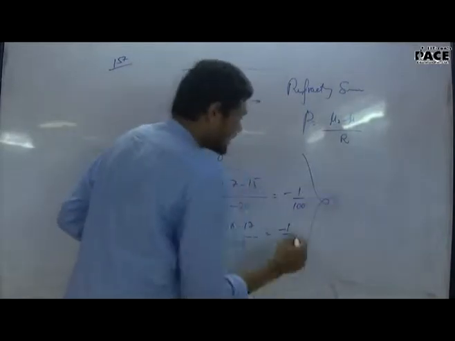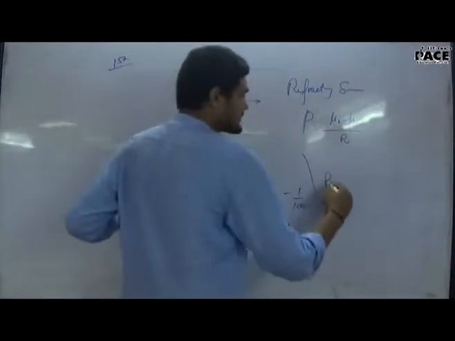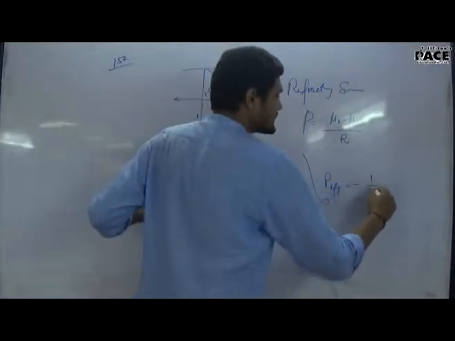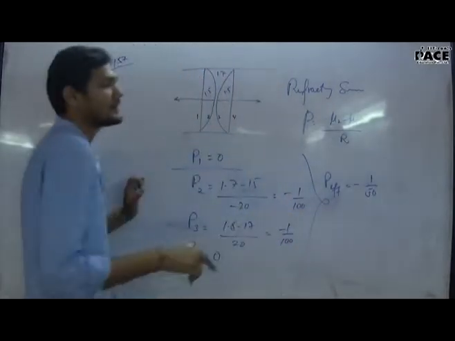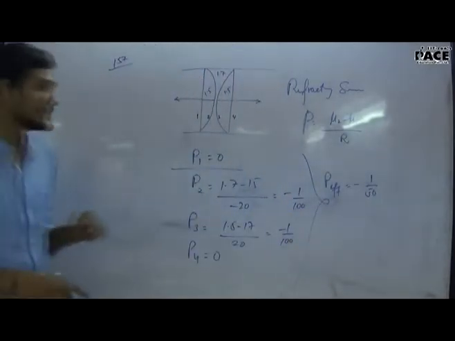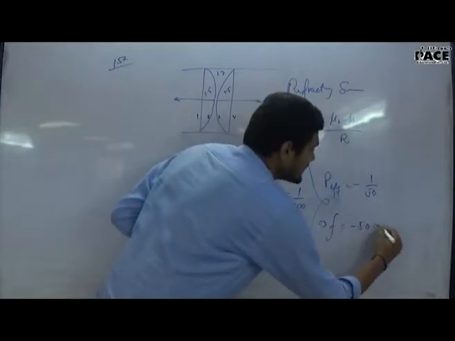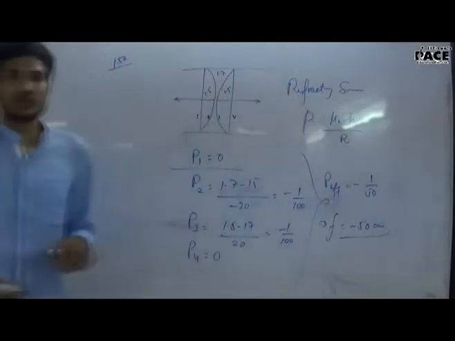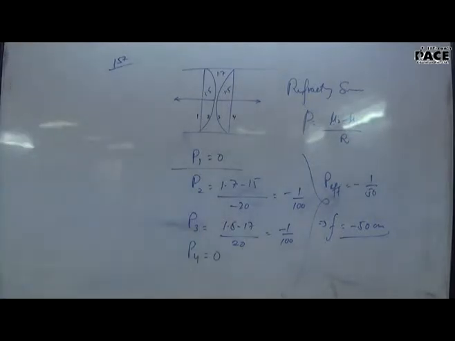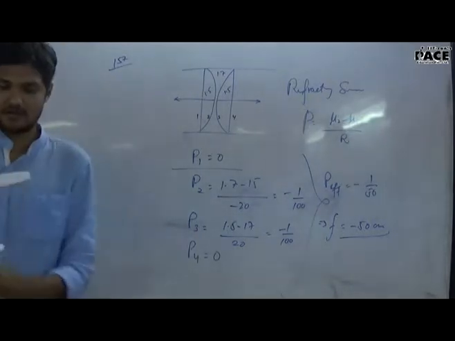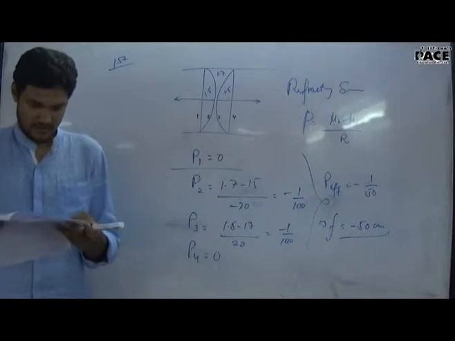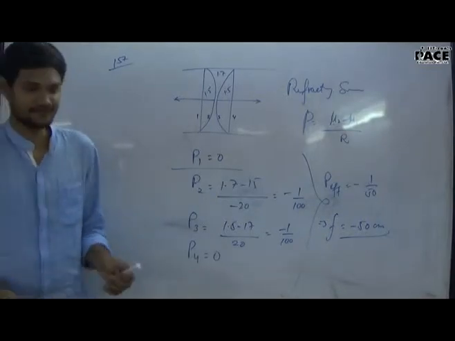So if we add all the powers, then P effective comes out to be minus 1 by 50. And we know P effective is nothing but 1 upon focal length. This implies that focal length is equal to minus 50 centimeters. So the option 2 seems to be correct.